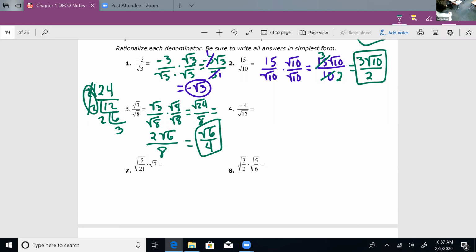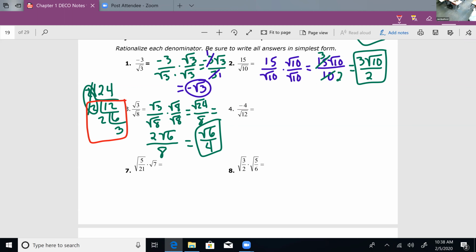Now, do you think we might be able to simplify the square root of 12? Yes. In fact, I'm going to recommend this time, let's see what happens if we simplify before we rationalize, so we can kind of tell the difference. Is it going to be more steps or not as many steps? So right here is the factorization for 12.